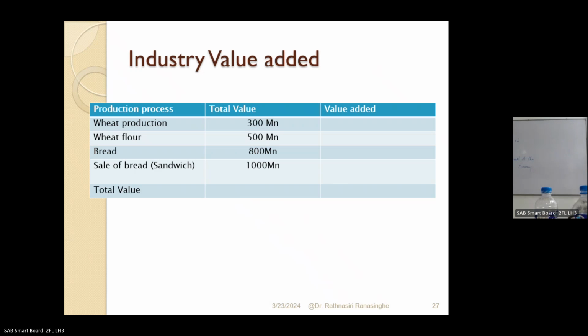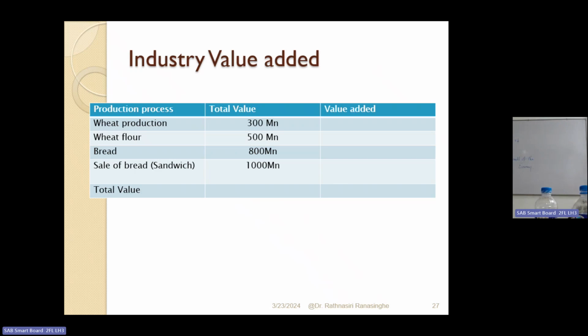Then it is converted into wheat flour, and its total value is 500. Then we use it for the grain production, and the total value is 800.